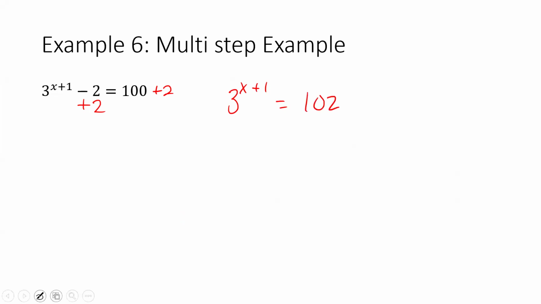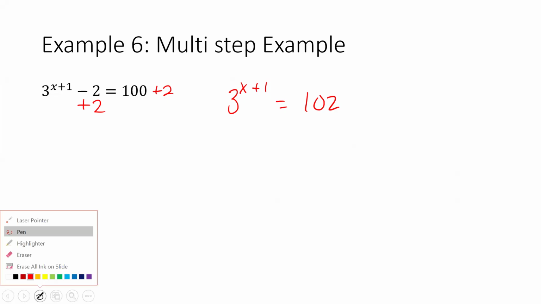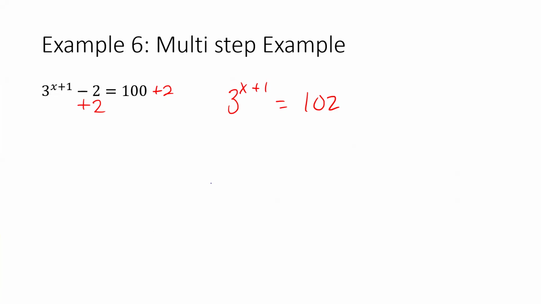Okay, now our exponent is by itself, so we're going to do what with the exponent? We're going to log it. We're going to take the log, and the log has to be the same base as your exponent. So we're going to take the log base 3 of both sides. Are you with me? So this is going to free our power. And what I do to one side, I have to do to the other.